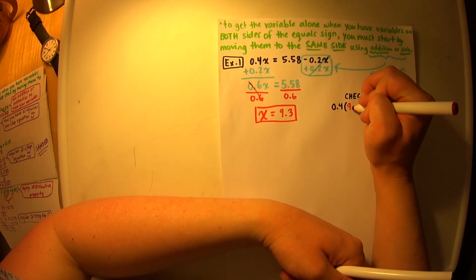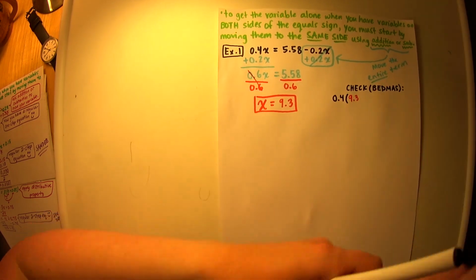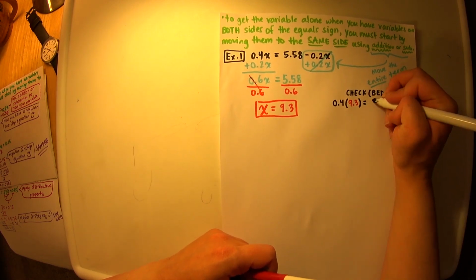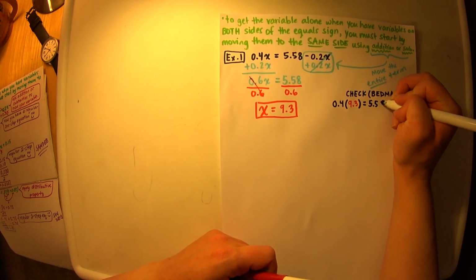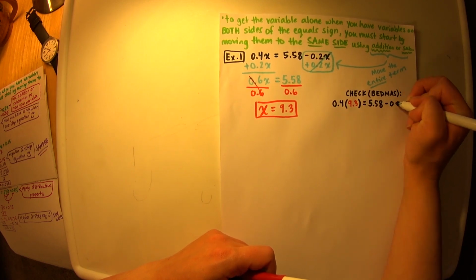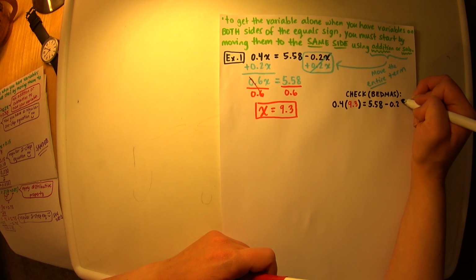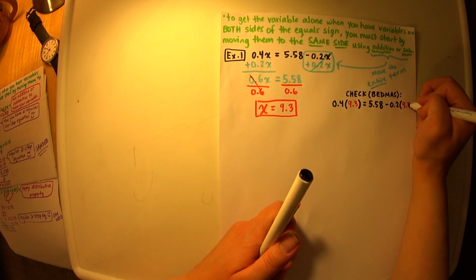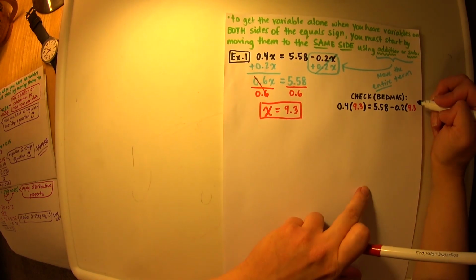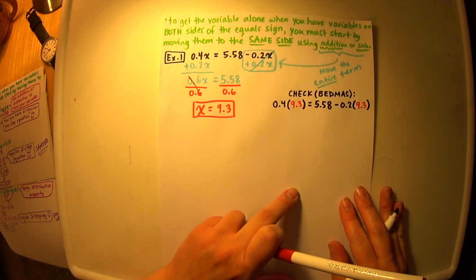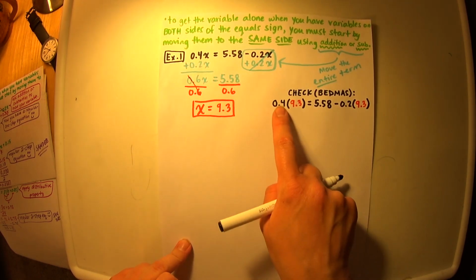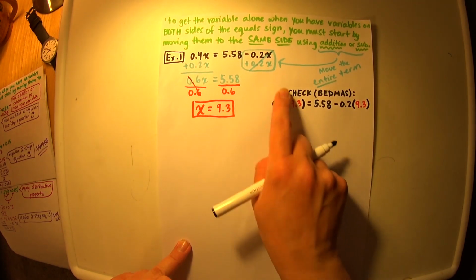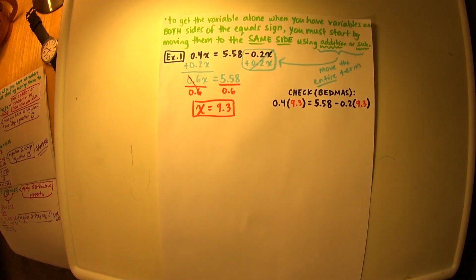So instead of an x here, I now have 0.4 times 9.3 on the left side, and on the right side I still have 5.58 minus 0.2, but again I'm going to replace the other x with the value I got for x, 9.3. Everything about this equation is exactly as it was originally. I've just substituted 9.3 into the first x and 9.3 into the second x.